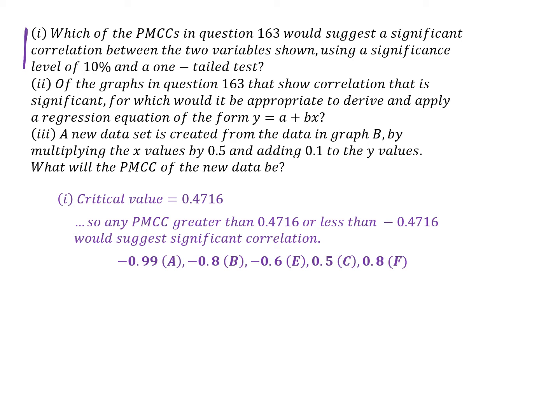But the second part of the question is a little bit different. It's saying, of the graphs, now looking at the graphs, which would be ones that would be appropriate to look for a linear regression line, a straight line.